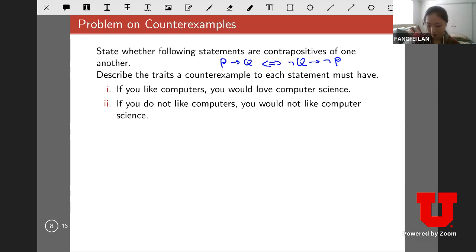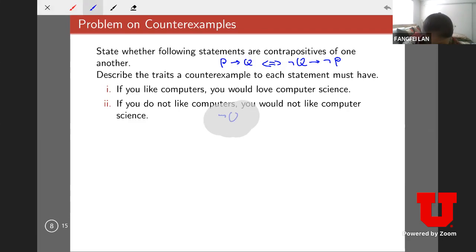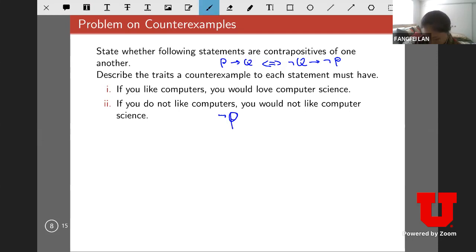Does this statement have a type? People said in the chat, it's the inverse. Yes, so this is the inverse. This is basically not P implies not Q, and that is the inverse, not the contrapositive.